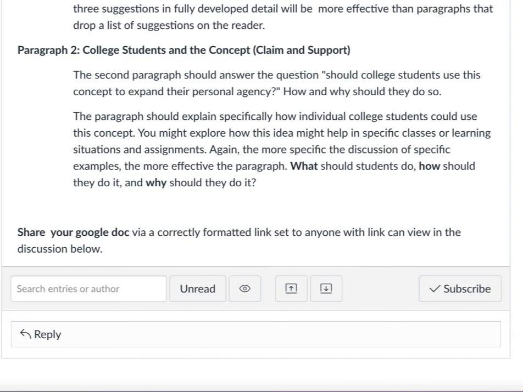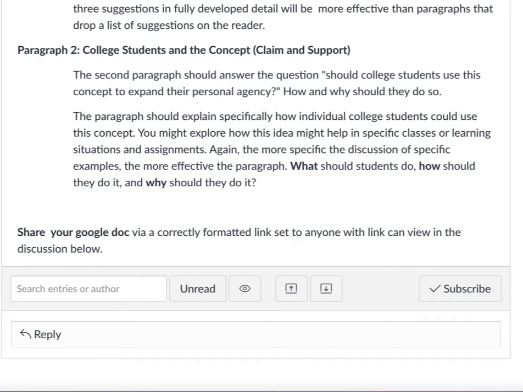So let's talk a bit about the second kind of evaluation paragraph we want to write, where we look at how individual college students could use your concept to expand their agency. What we're trying to do here is think on the level of students empowering themselves through the concept or tool.